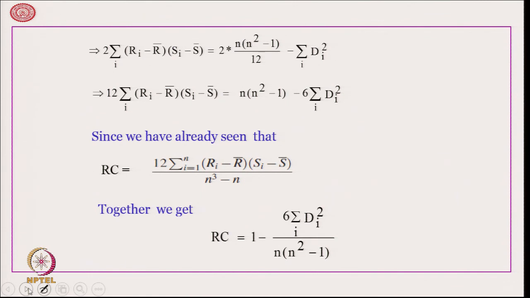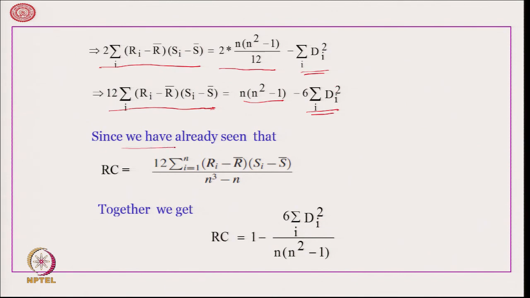Therefore, 2 into sigma (Ri minus R bar) into (Si minus S bar) we can write as 2 into n (n square minus 1) by 12 minus summation over di square. If we multiply this by 6, we get 12 into sigma (Ri minus R bar) into (Si minus S bar) is equal to n (n square minus 1) minus 6 into sigma di square.